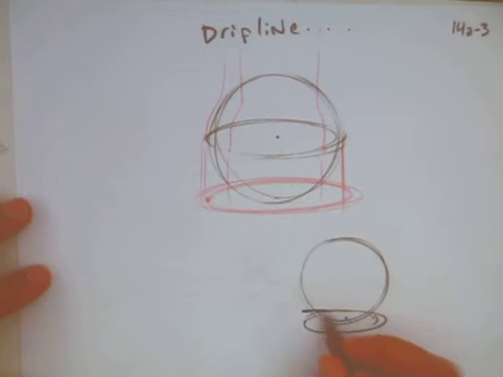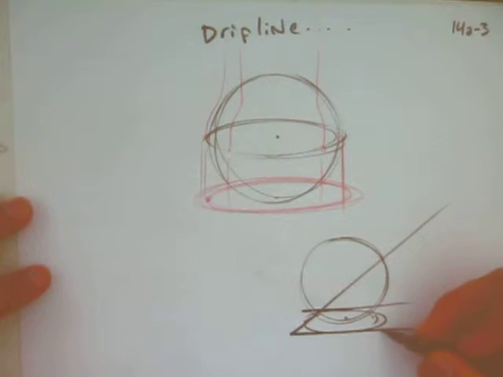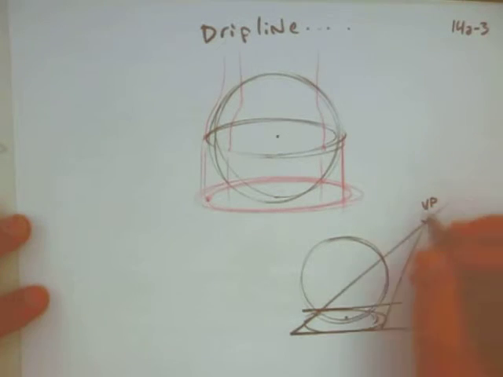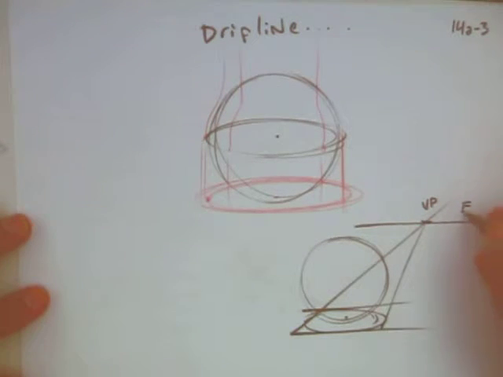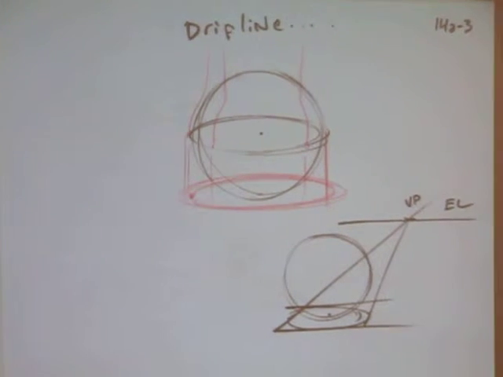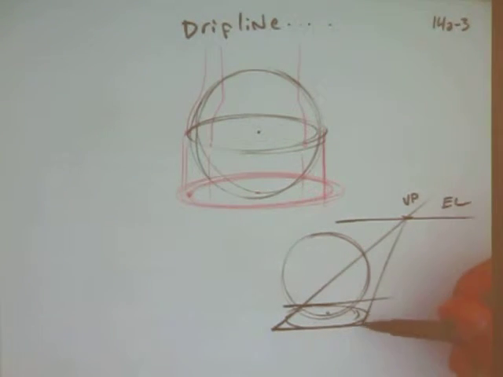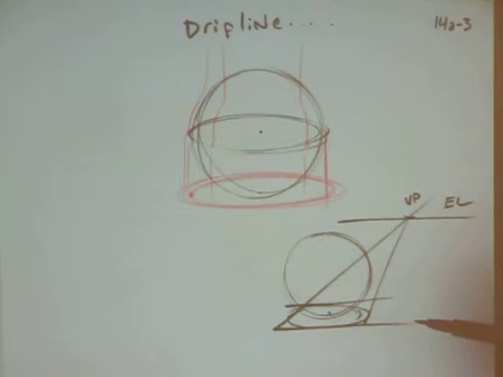And then, can you imagine mapping that drip line into space using a cube?